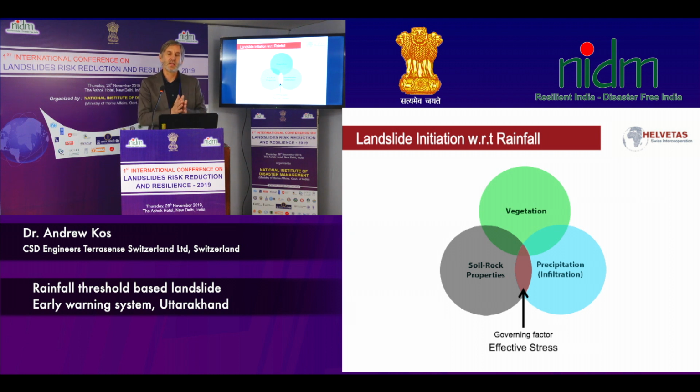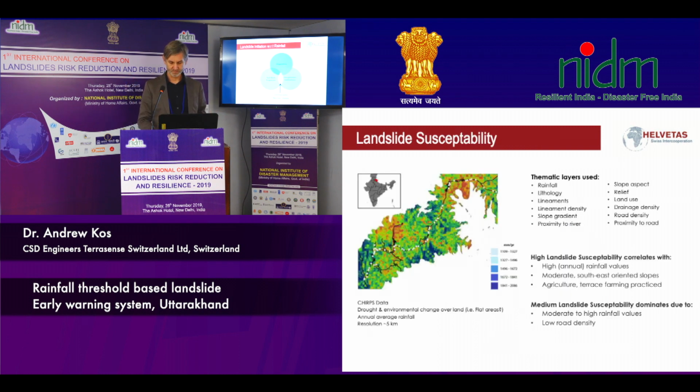And the reason why I say that is because it might be too simple just to look empirically at the problem and say, when I have a certain rainfall amount, then a landslide is going to happen. This on some very simple level happens, but we need to understand actually why it happens and what's the variability possible for a particular area that we're focusing on.